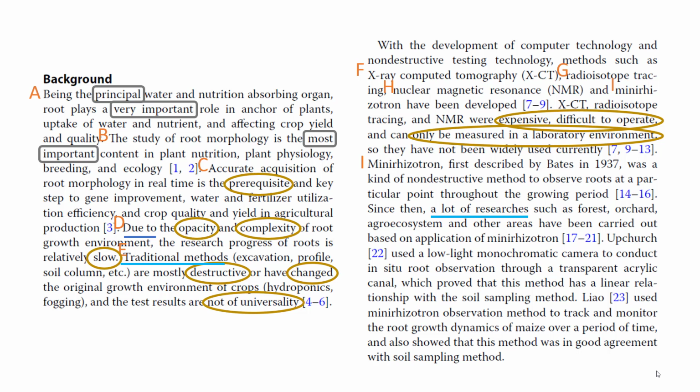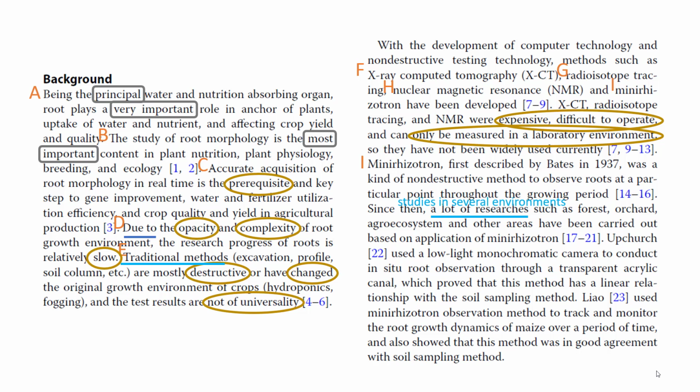And let me make two notes here. One, speaking, in casual conversation or in spoken conversation, saying a lot is very, very common. However, if I were writing this paper, I would probably say something like studies in several environments, which is what they actually talk about. The authors talk about the different environments, whether it's a forest, an orchard, agro-ecosystem, and other areas.